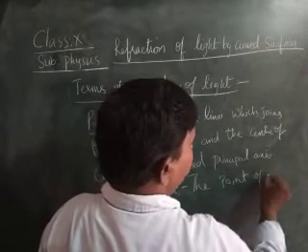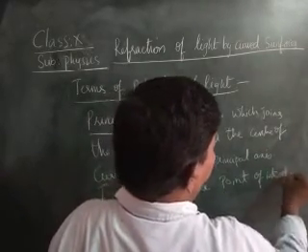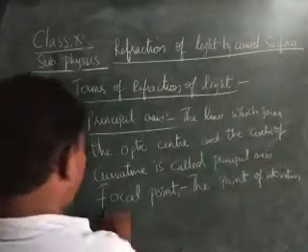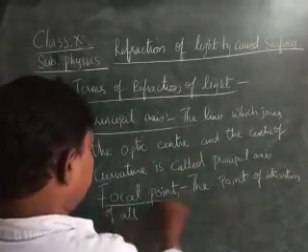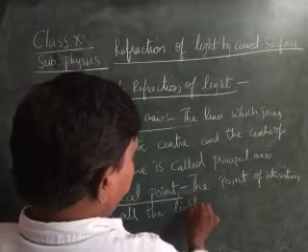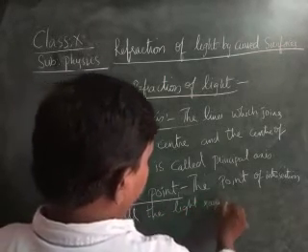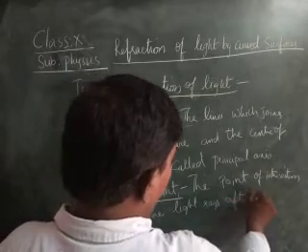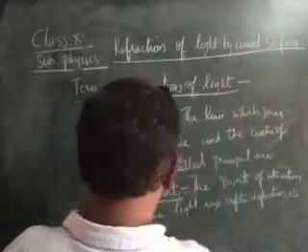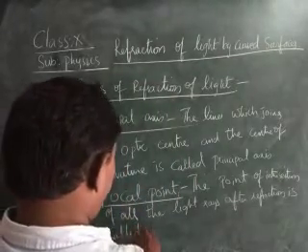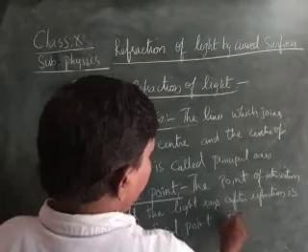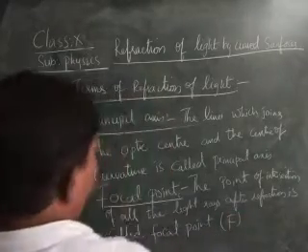The point of intersection of all the light rays after refraction is called the focal point or principal focus. Normally it is denoted by the capital letter F.